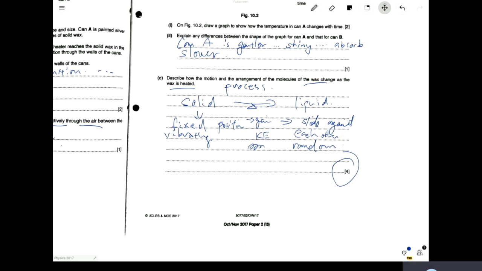But how do you talk a lot? Just describe everything. Describe everything that you can remember. Just put it down. It's like I'm asking you how does your spectacle look like? You say it is round with black. But if I say I want you to say more, I'm gonna give you 4 marks.